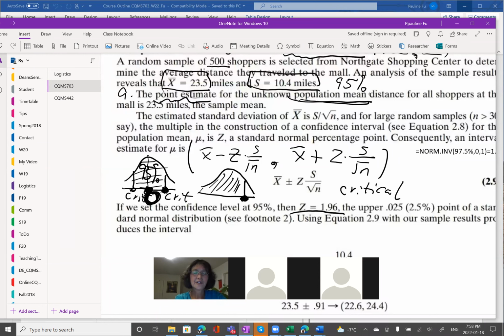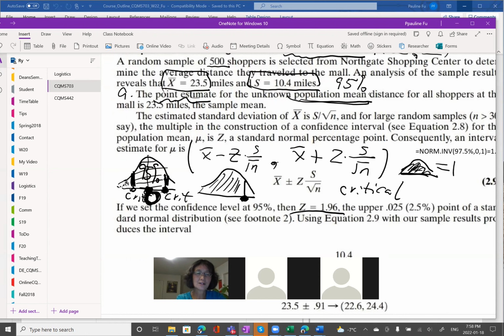Okay, so think about this. If the central part is 95%, and we all know the whole area under the bell-shaped curve equal to 1. All the area under the bell-shaped curve is 1. If the central part is 95%, you tell me, what is this little left tail?